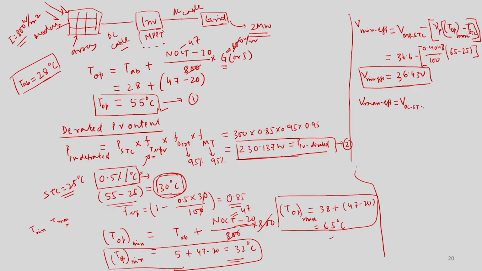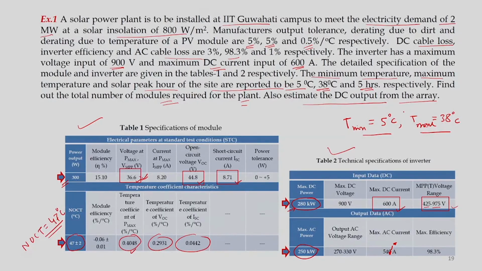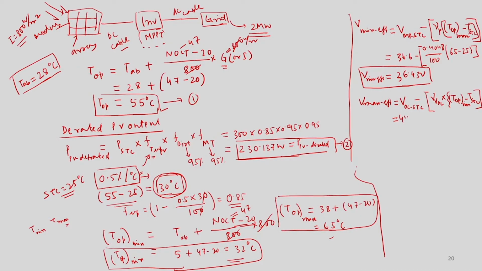V OC STC, the open circuit voltage under standard test condition of the module, minus gamma V OC, the temperature coefficient, multiplied by T OP mean minus T STC. The open circuit voltage we take from here, 44.8. So 44.8 minus 0.2931 divided by 100, multiplied by 32 minus 25.